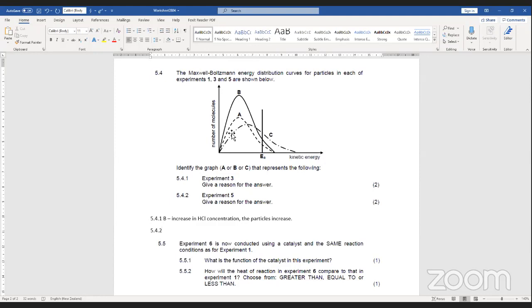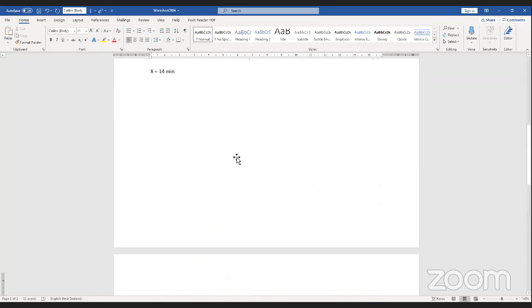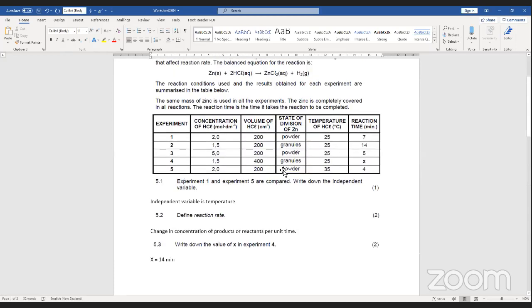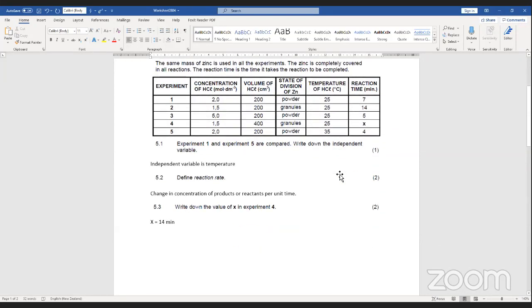Then 5.4.2, they ask you experiment 5 and give a reason for your answer. In experiment 5, the thing that changed was your temperature. So you went from 25 degrees Celsius to 35 degrees Celsius. What happens when you increase the temperature?